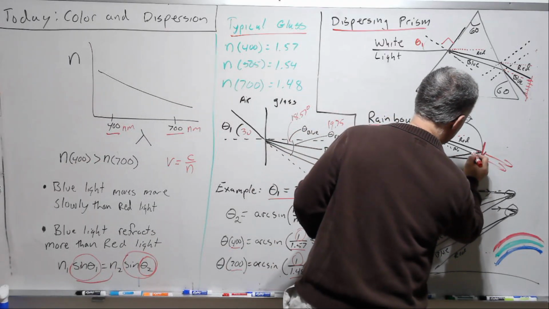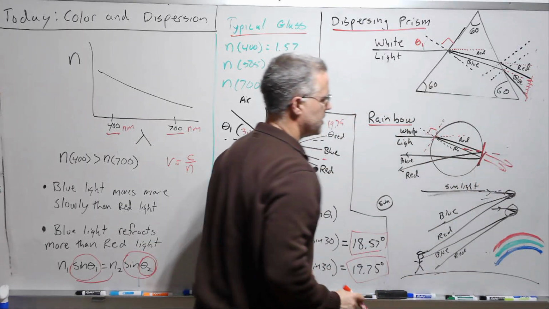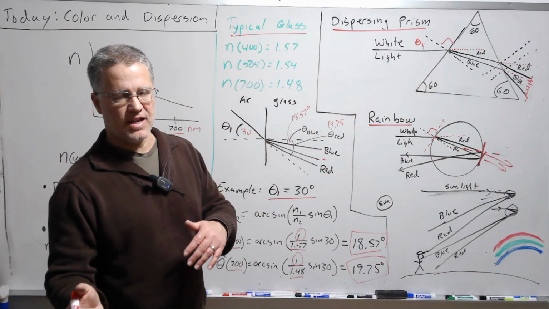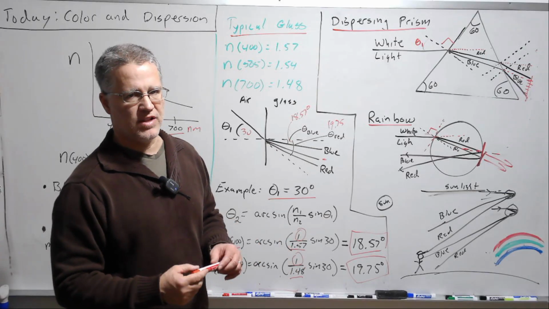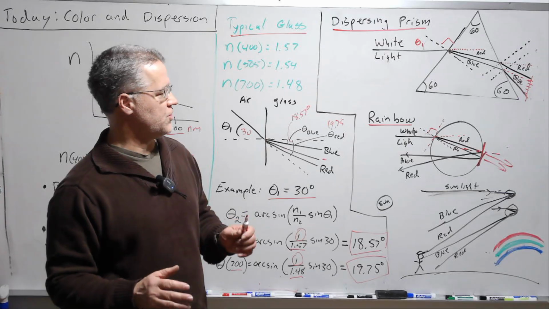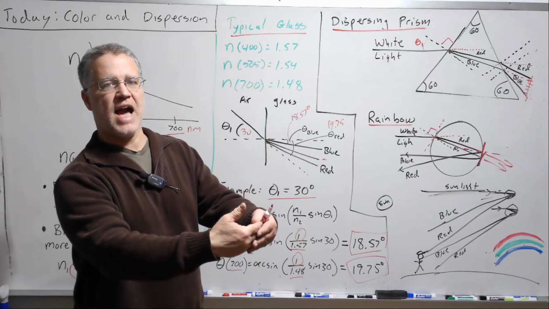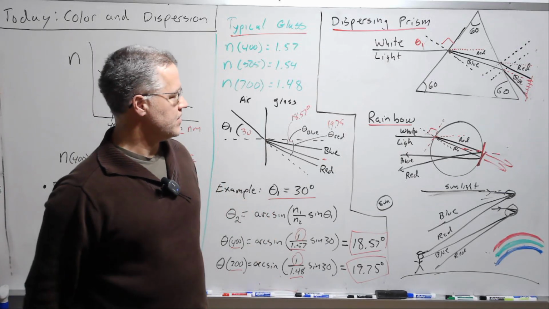So if I were to draw a normal here, then our reflective angle is equal to our incident angle for reflections. This is not Snell's law or dispersion now. This is reflection off the back surface of this sphere.